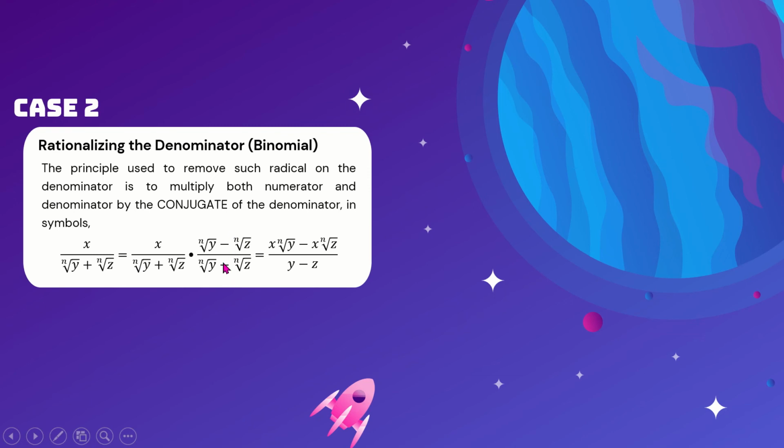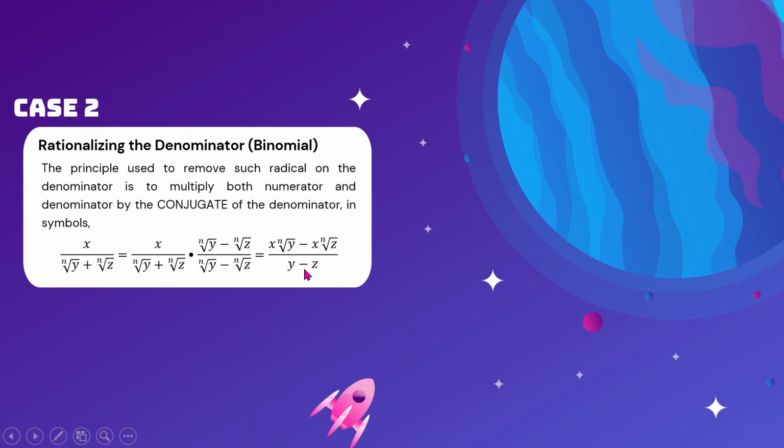So if the denominator has a plus, use the opposite sign, up and down. Then proceed to DPMA, distributive property of multiplication over addition, in the numerator. Monomial times binomial, distribute: x times the nth root of y minus x times the nth root of z.